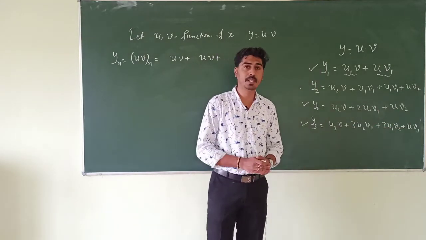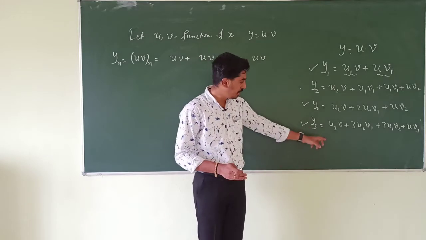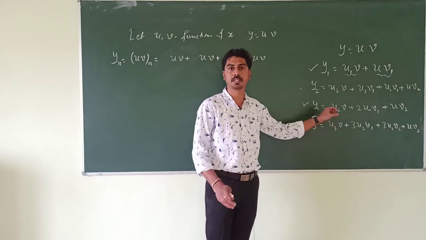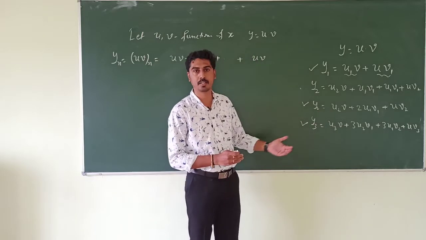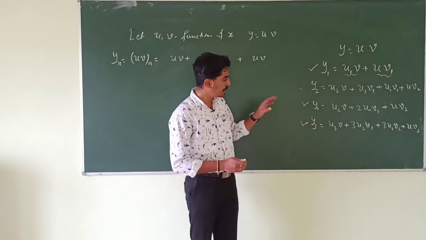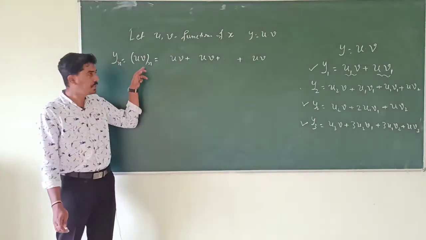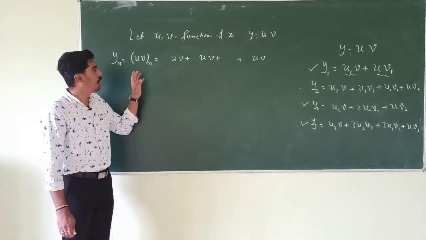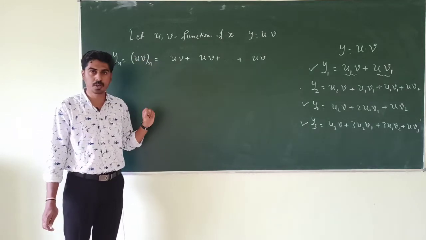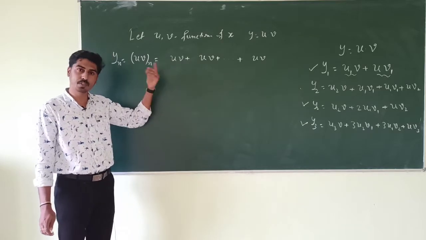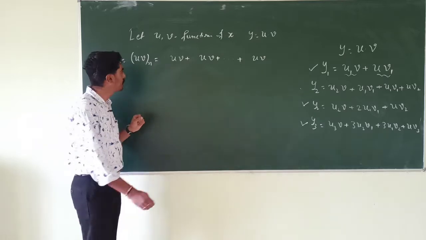What we observe here is, for the third derivative, the order of derivative of u starts at 3 and ends at 0, and the order of the other function starts at 0 and ends at 3. Here for the nth derivative, the order of one function should start at n and end at 0, and the order of the other function should start at 0 and end at n.